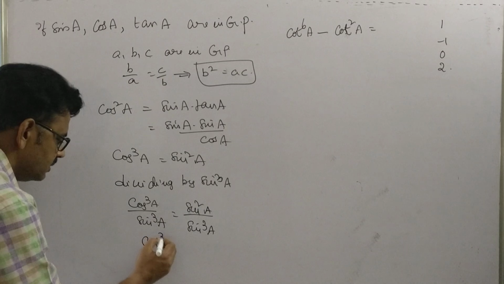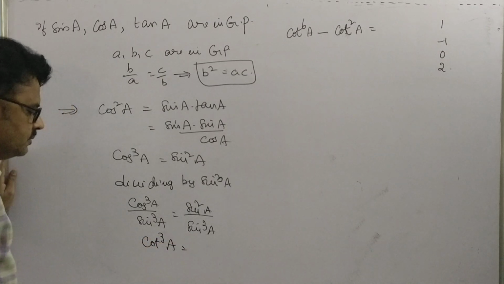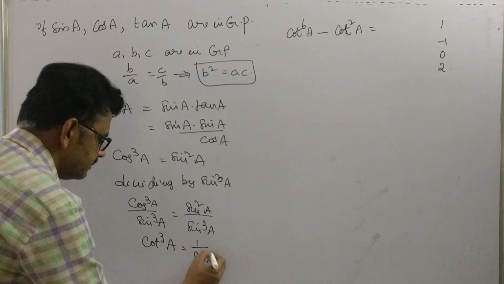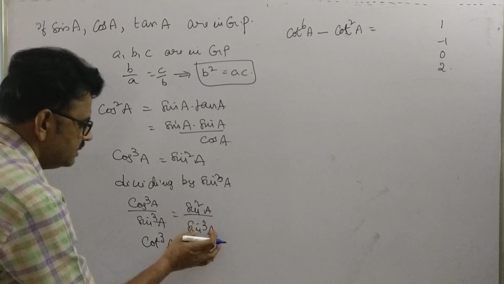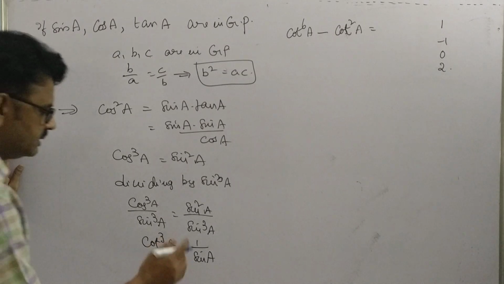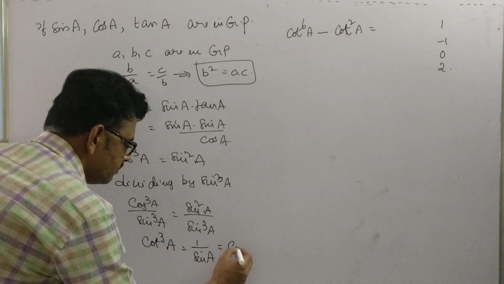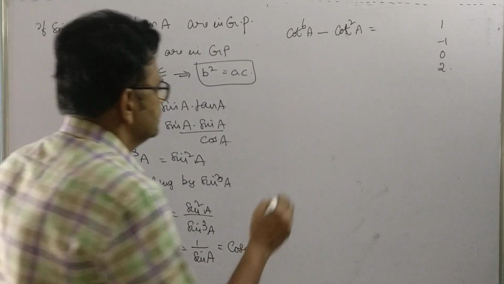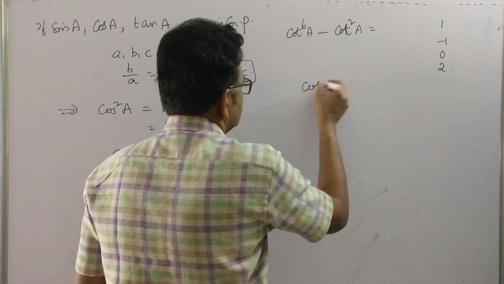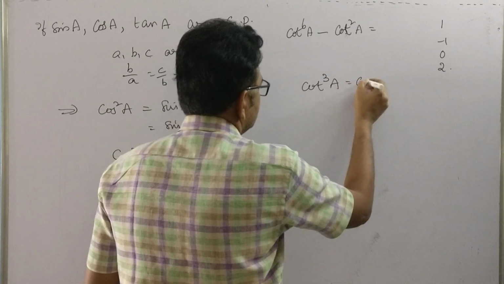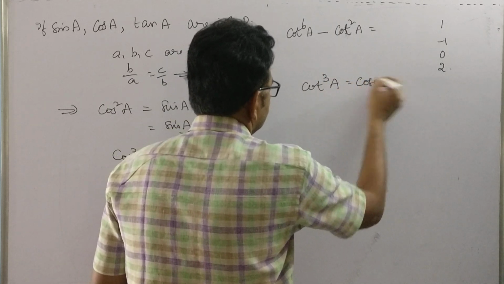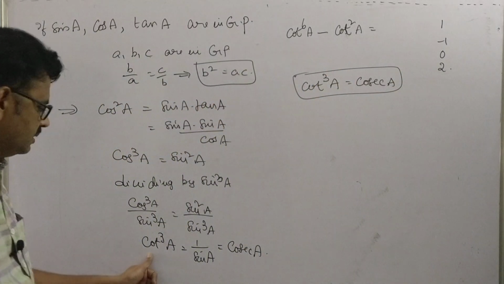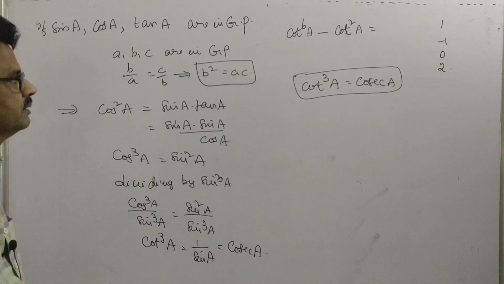Cot. So cot³A is equal to 1/sin A; sin²A gets cancelled, leaving 1/sin A, which is cosecant A. So cot³A is equal to cosecant A.